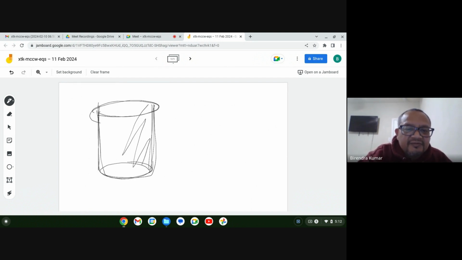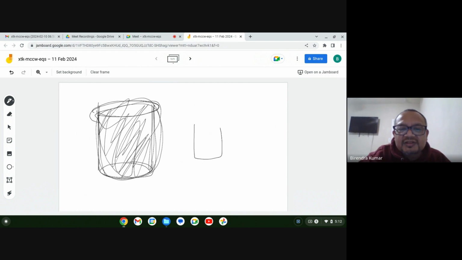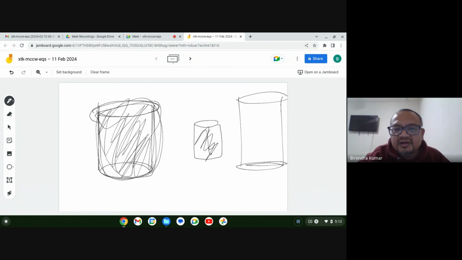We say how much water or milk it can contain or hold. A small cylinder will contain less milk. A bigger container can hold more milk.